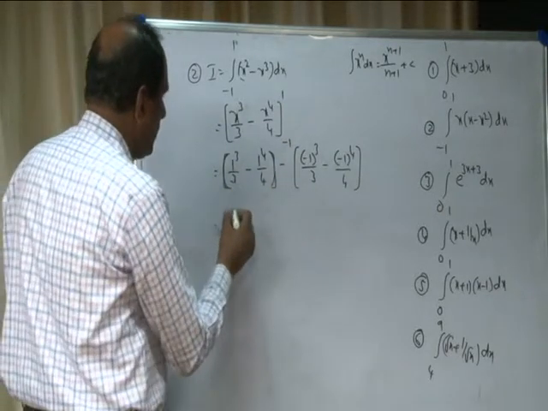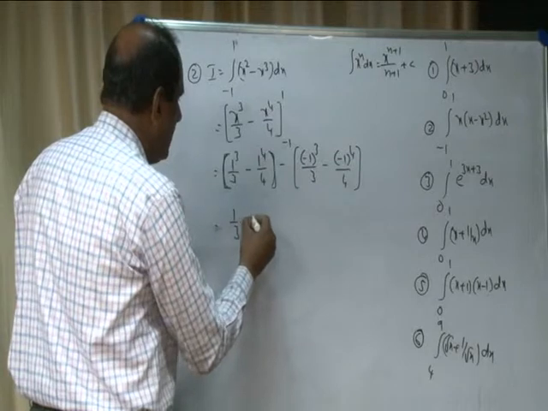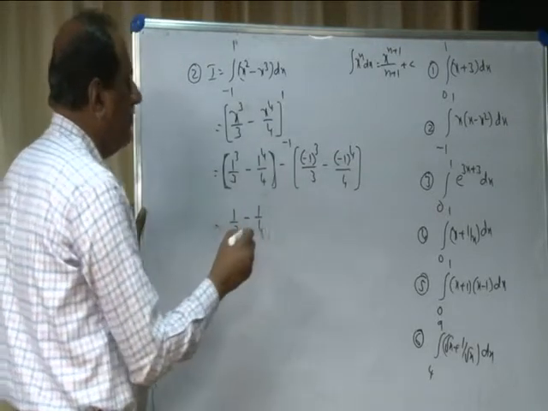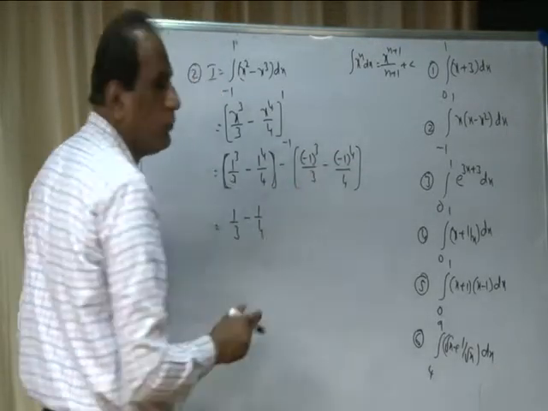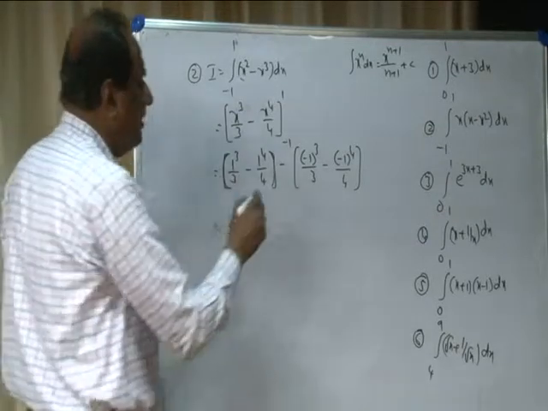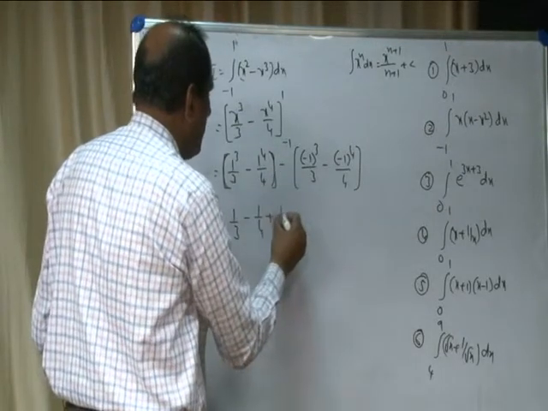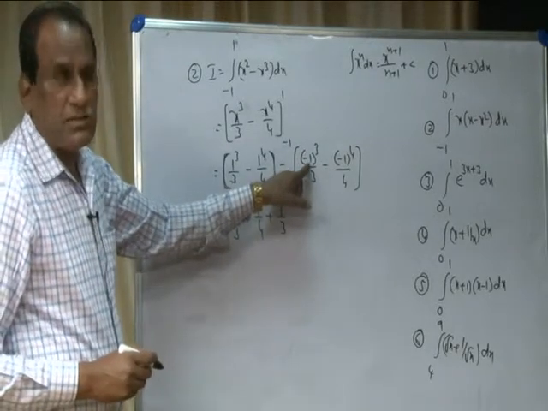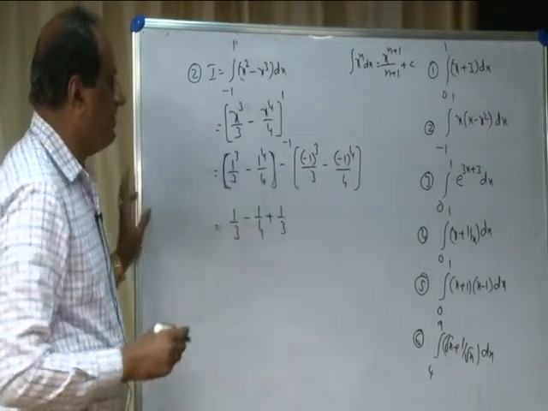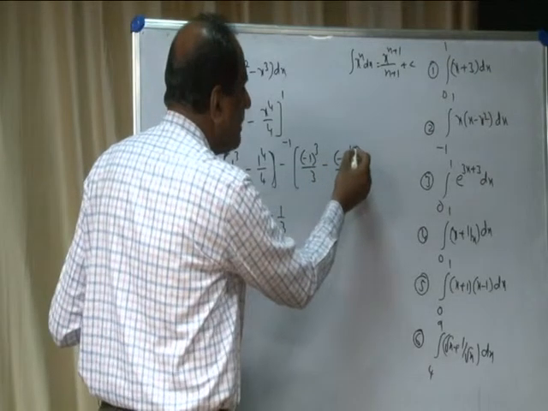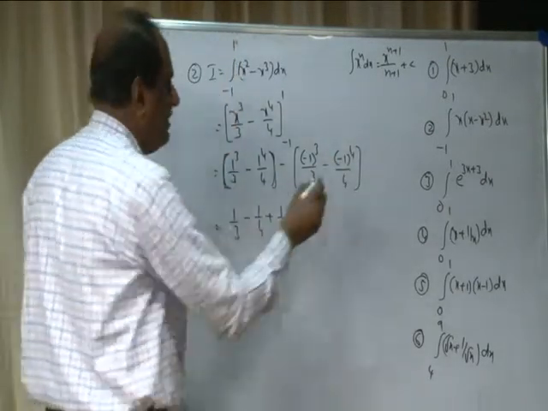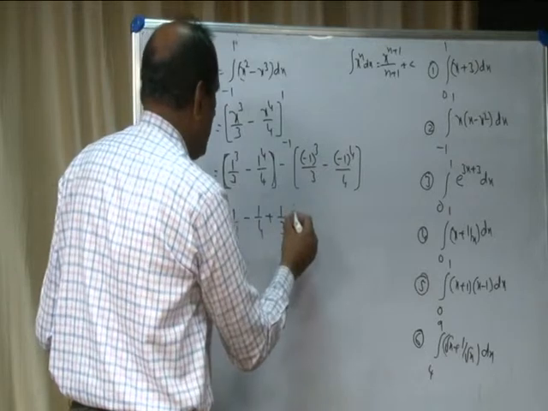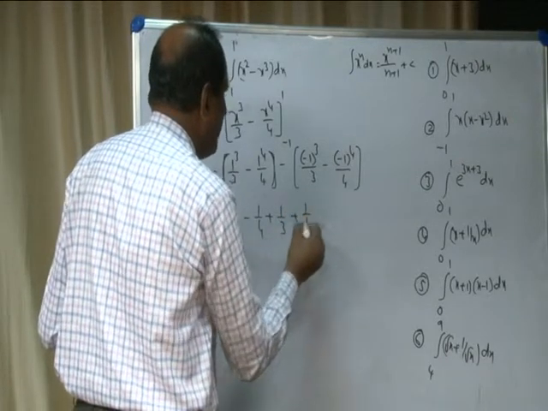Now 1 by 3 minus 1 by 4. See here, minus 1 cube is minus 1, minus into minus is plus 1 by 3. Minus 1 power 4 is 1, 1 by 4, minus into minus plus 1 by 4.